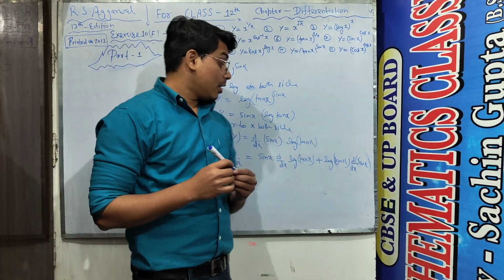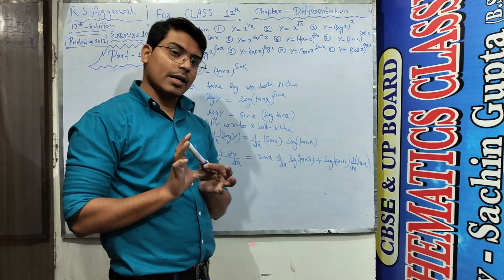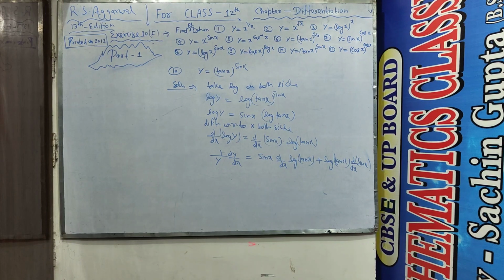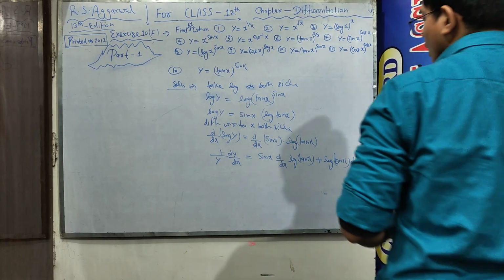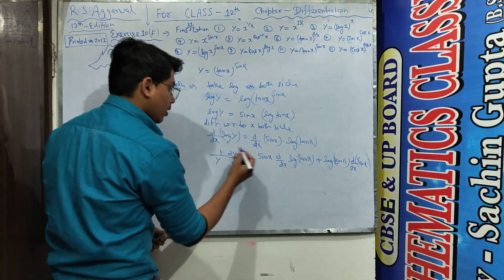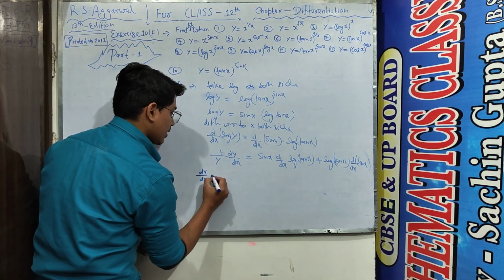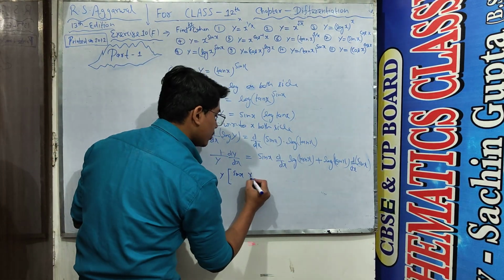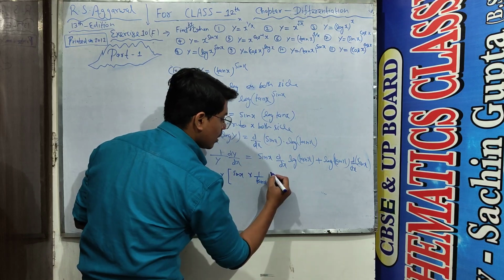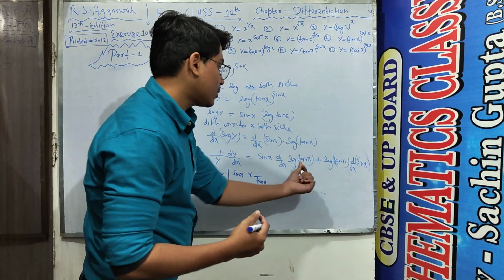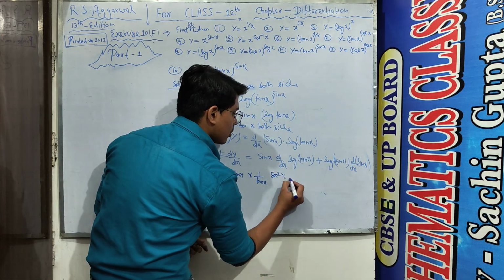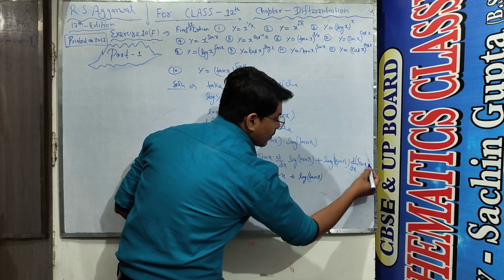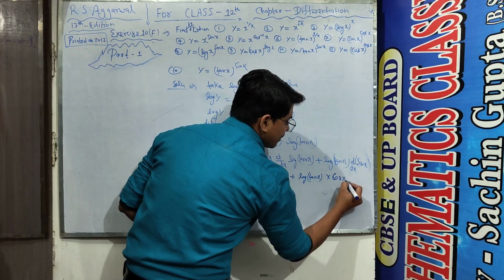I refill my marker, then I solve it. This y goes to the right-hand side in the multiplication, so it becomes y times sin x, and the differential of log tan x is 1 upon tan x, and the differential of tan x by applying the chain rule is sec square x, and this log tan x I write as well, and the differential of sin x is cos x.